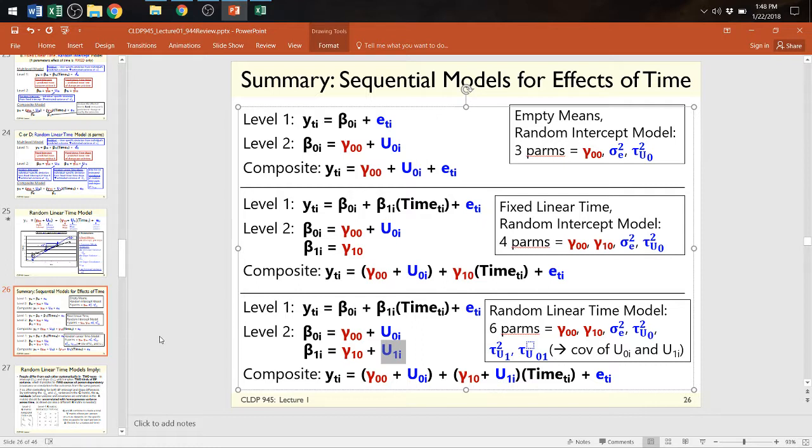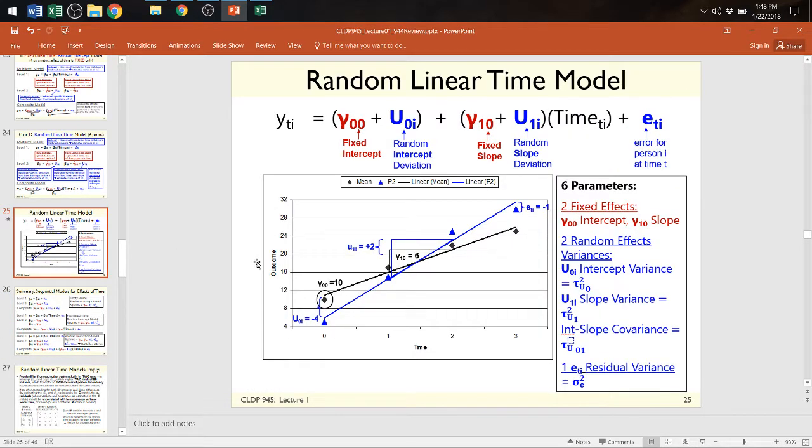Now to see how that might play out, let me go back to the previous slide here. The E's are the level 1 residuals. It's how far off your line are you today? What would happen to those E's if the slope of that blue line was made to be the same as the slope for the black one for the overall sample? E's get bigger. The deviation would be bigger because it's the wrong line.